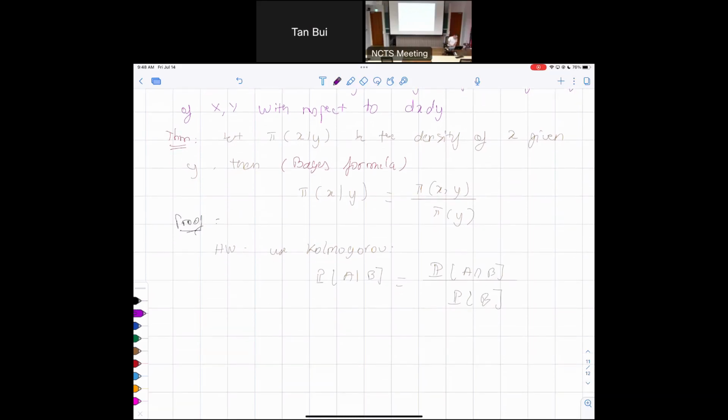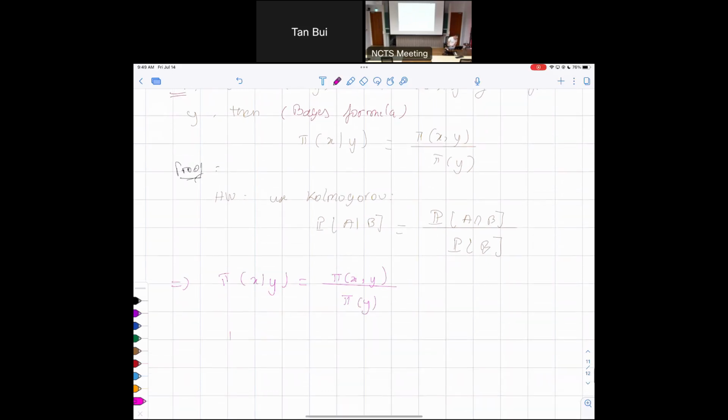So the Bayes formula typically: therefore we also know π(x|y) is equal to π(x,y) over π(y). So we also have π(y|x) is equal to π(x,y) over π(x).